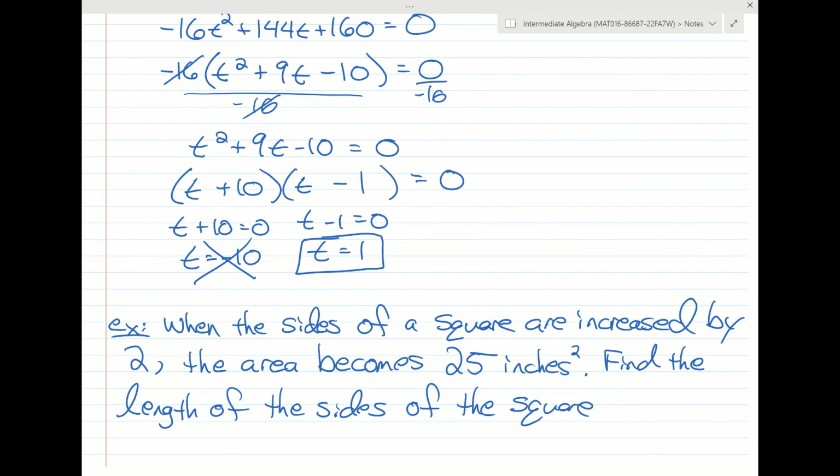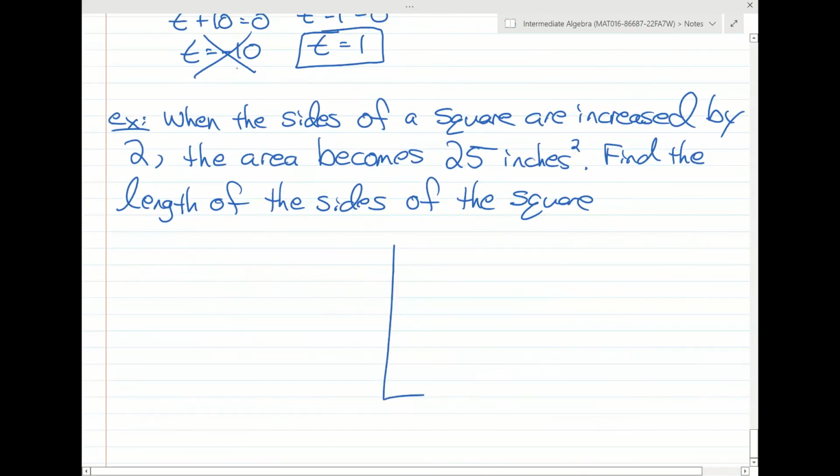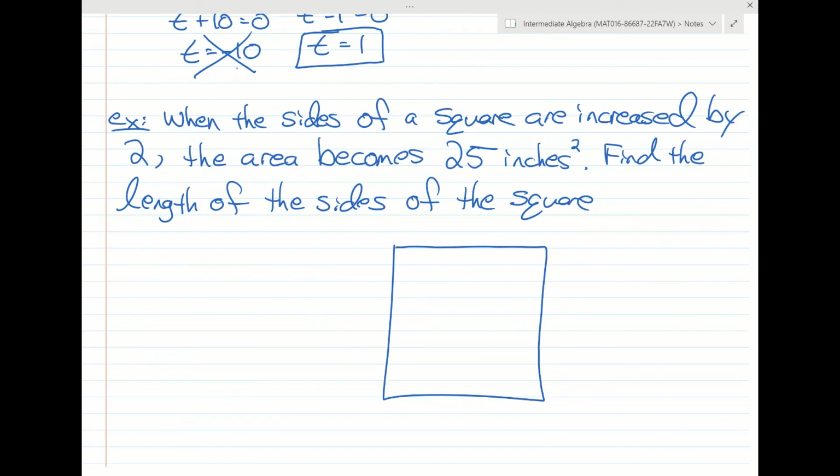What this means is a square has all the same lengths. So they're all the same length. We can call those lengths x, right? But when we increase those sides by 2, the area becomes 25 square inches.